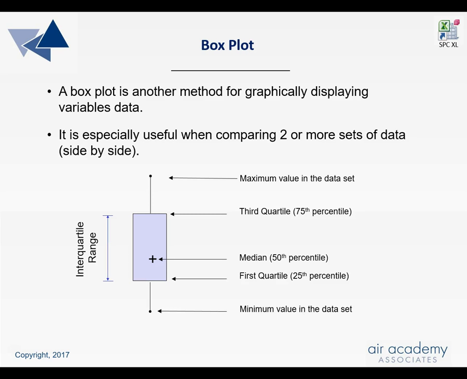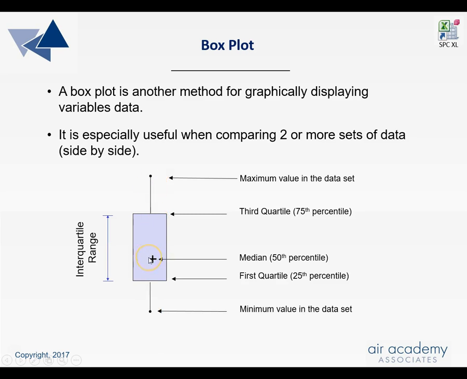They house the middle 50%, from the 25th up to the 75th. So it's a sorted set of data. If the plus sign, or the median, is here, that means 50% of the data is above the median and 50% of the data is below the median.